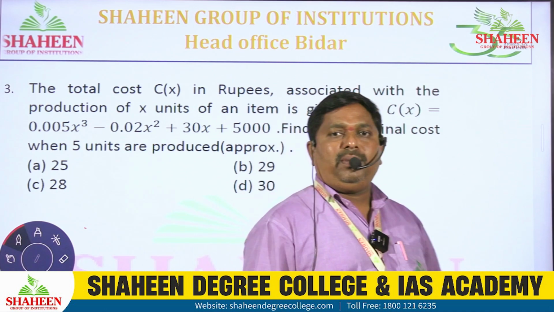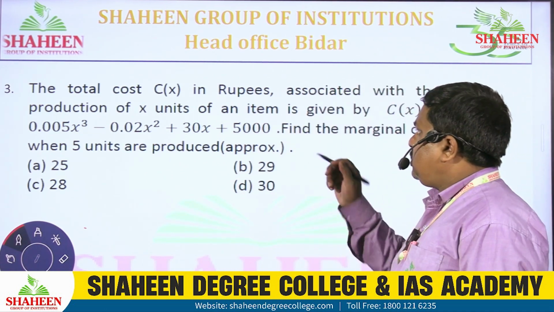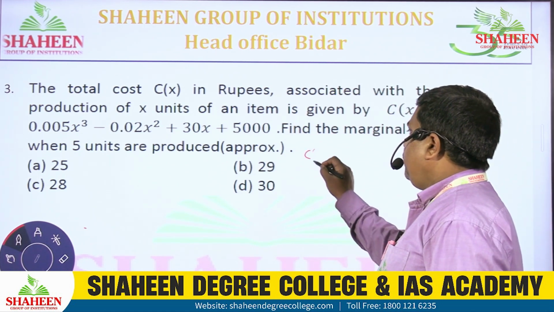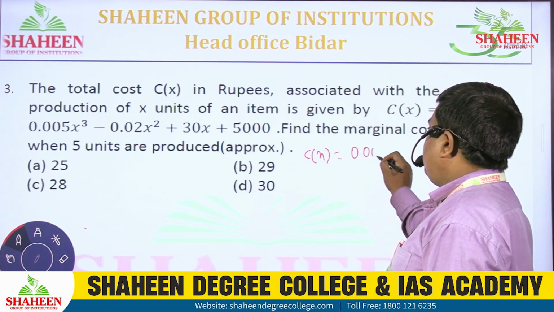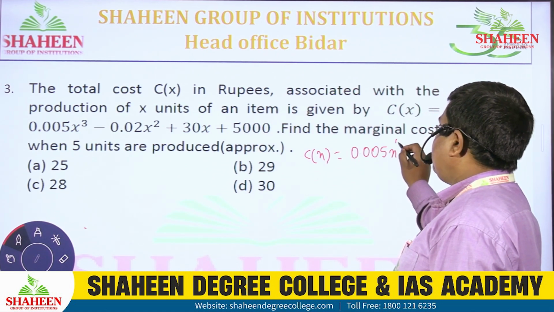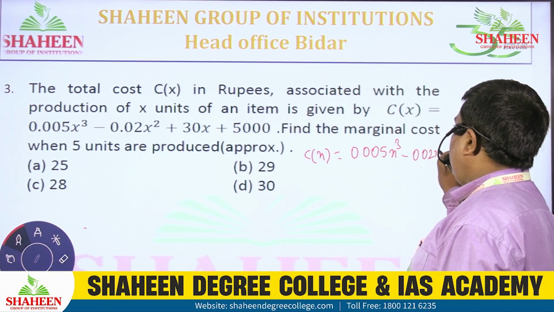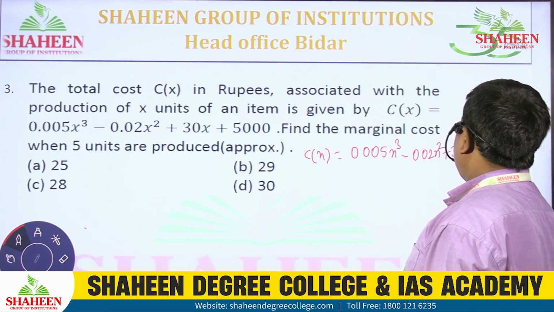We are finding the marginal cost of that cost function, and that is given C of x equal to 0.005 x cube minus 0.02 x square plus 30x plus 5000.